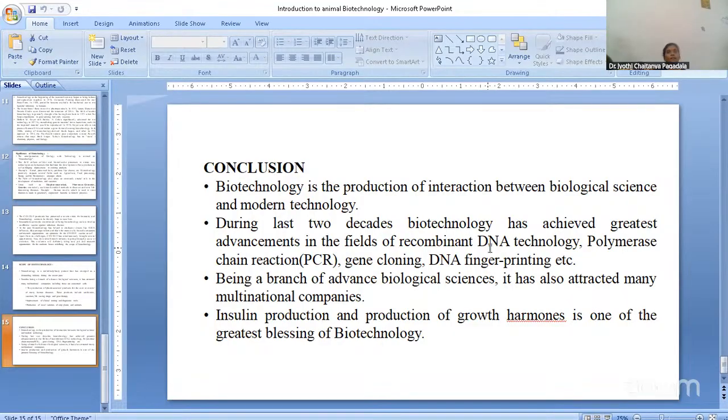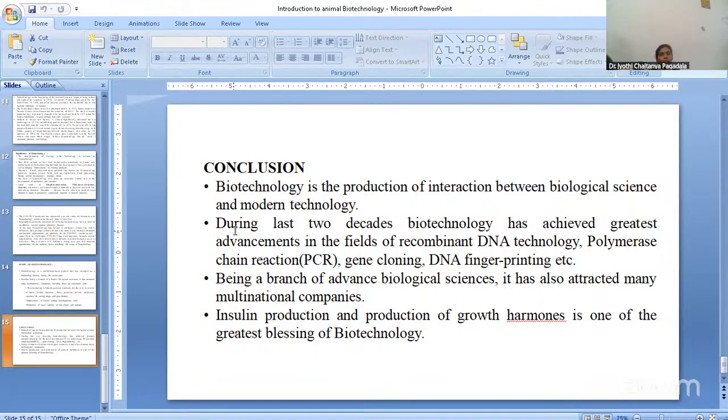After the 1970s, there were many identifications, as we just discussed. Genentech, a US company, in the year 1978 used genetic engineering as a technique and tool to produce human insulin by employing the bacterium E. coli, Escherichia coli.